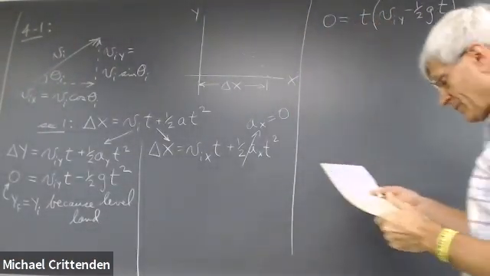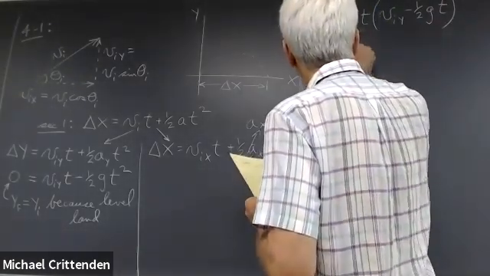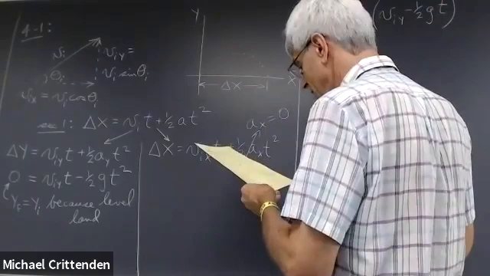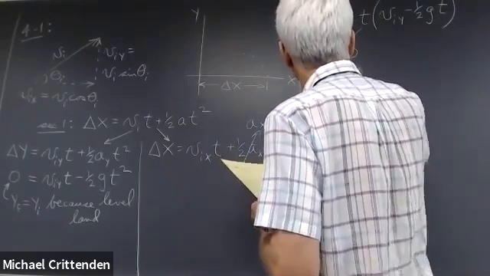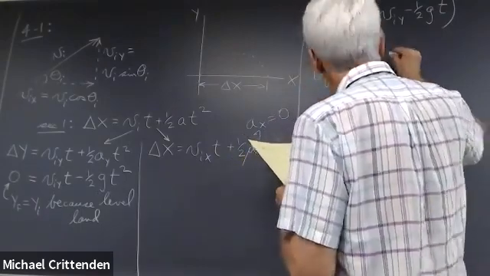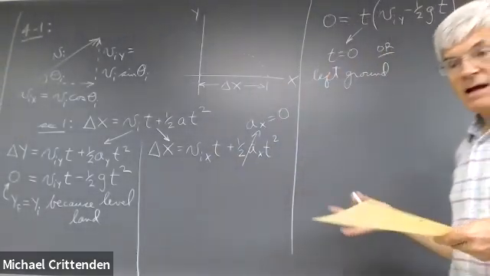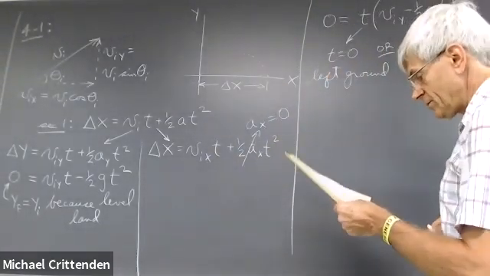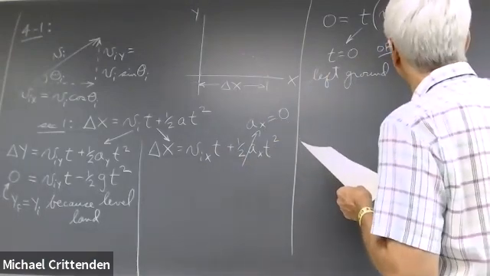This factor gives you one of them. T equals 0 is one of the solutions. That's when it left the ground. Or the other mathematically correct solution comes from setting the other factor equal to 0.